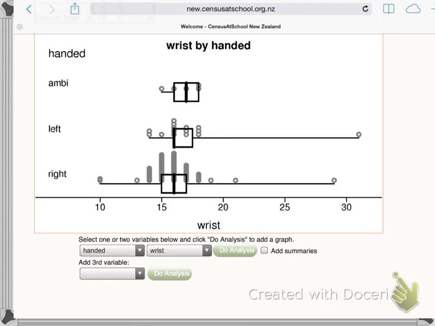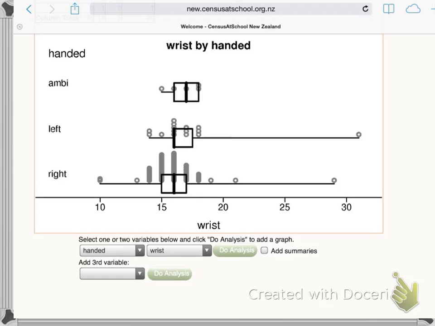Here's the last example. We have right-handed people, left-handed people, and ambidextrous people. People who can write with left and right hand, or play golf left-handed or right-handed, or whatever. The question here could be, what is the difference between left and right-handed people and their wrist circumference?